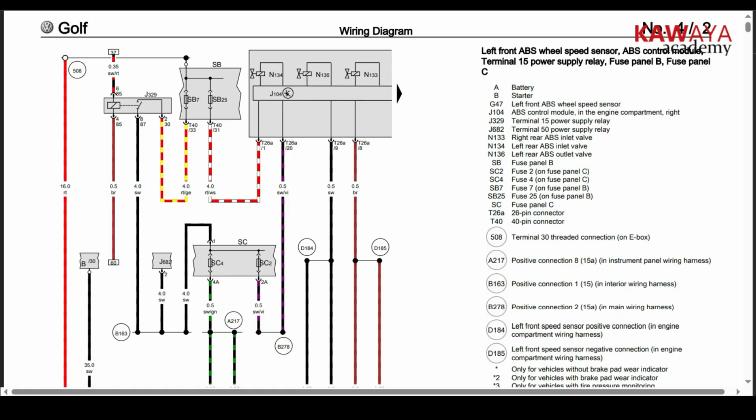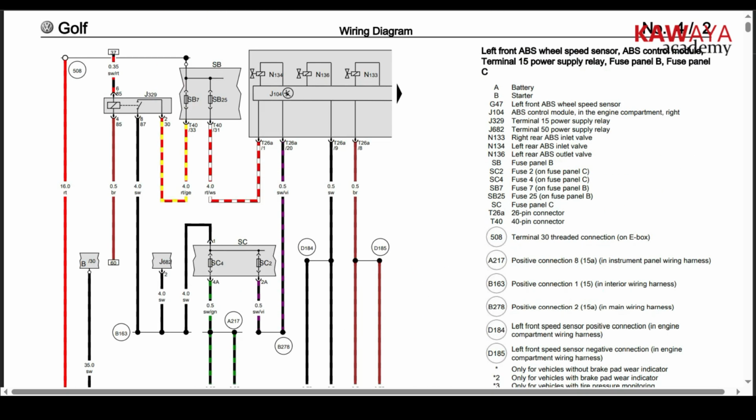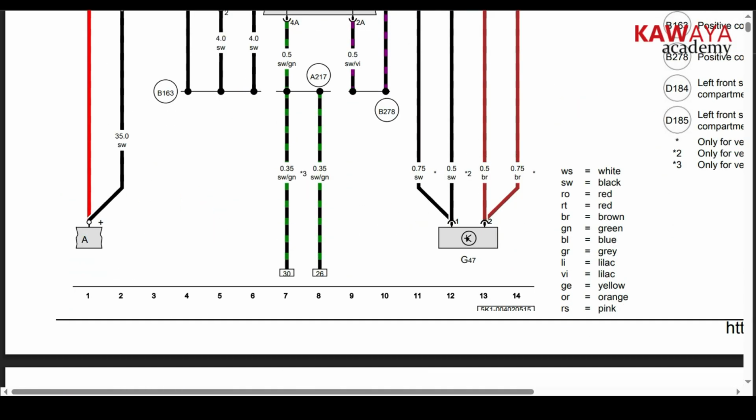This wire has RT, which is red, and WS white. This is the SW black and violet. We have black, brown and so on. This is SW and green, black and green and so on. So this is how they are labeling their colors, and even in their description here they give you a brief annotation of what their colors mean.